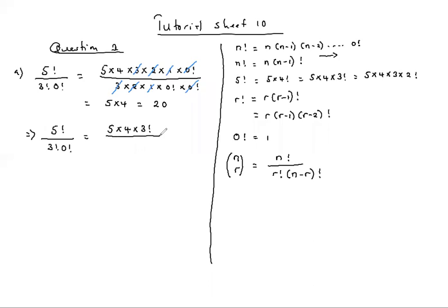Because down here, I have a 3 factorial times 0 factorial, so this 3 factorial has the same value as the 3 factorial down there. So then I would remain with 20 over 1, which is just 20. So the next time, if I have such numbers, I'll reduce the top number up to where it is equal to the down number and then cancel to avoid wasting my time.